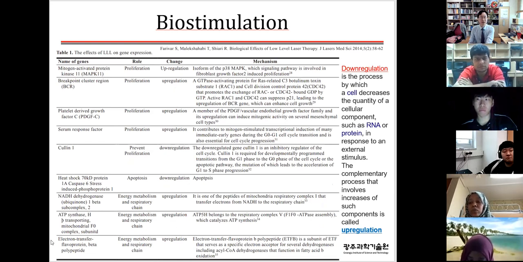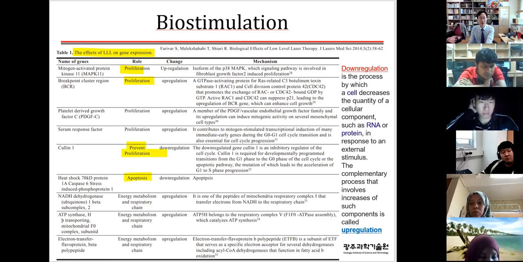Also, this table is showing the gene expression effects of the low-level light. So there are so many things. So proliferation for specific DNA, and then some prevent proliferation. Some are going to cause apoptosis, which is cell death. And some are actually promoting energy metabolism and the respiratory chain.